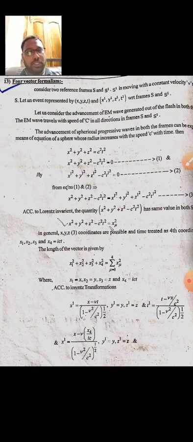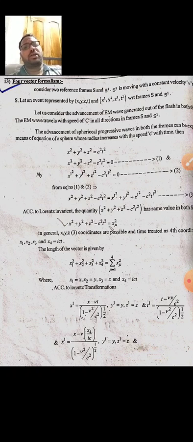Let us consider two reference frames, S and S dash. Already we know that S is fixed and S dash is moving with constant velocity with respect to S. Let an event be represented by x, y, z, t and x dash, y dash, z dash, t dash with respect to the frames S and S dash.